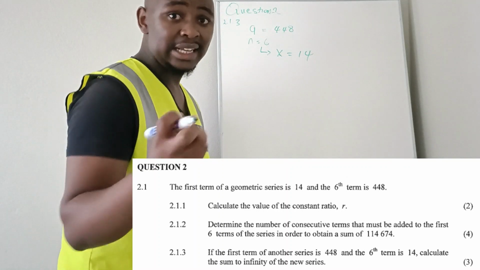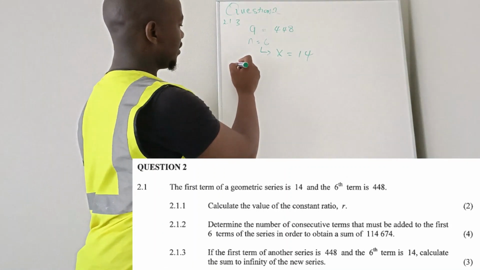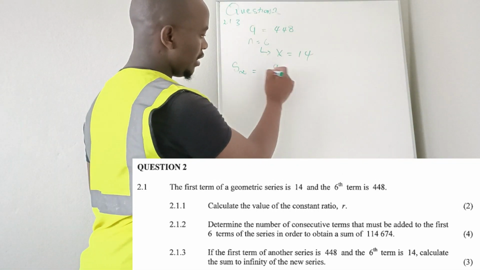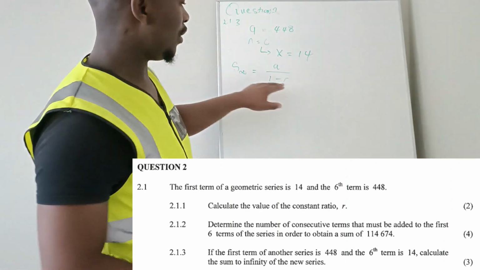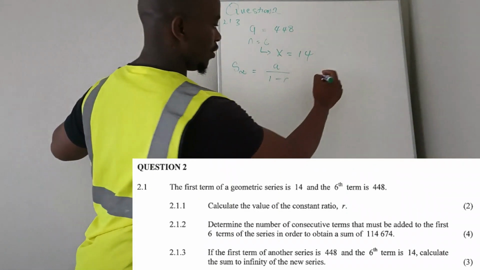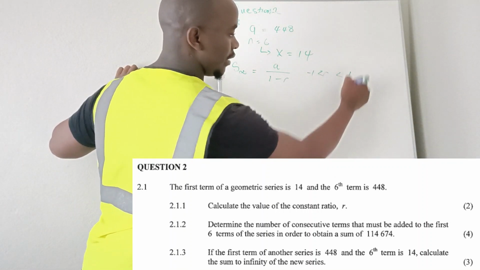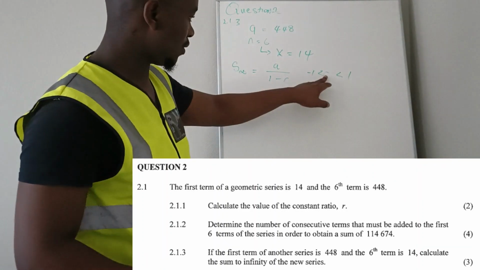First of all, the equation that guides us for the sum to infinity of a geometric series is the sum to infinity equals a over 1 minus r. And this is strictly for values of r between -1 and 1, so that's for those kinds of ratios.